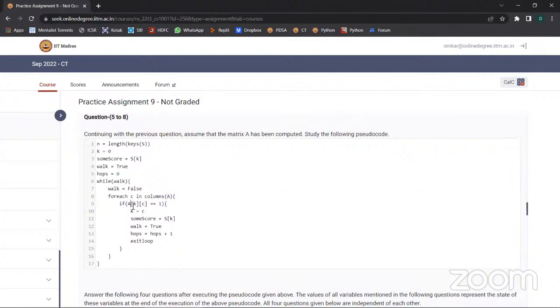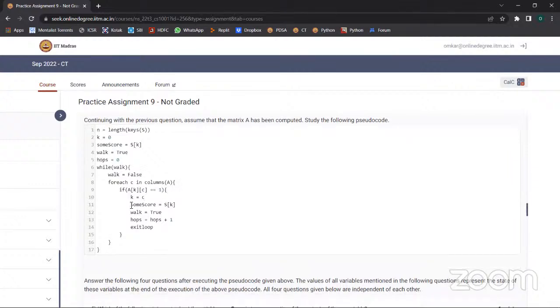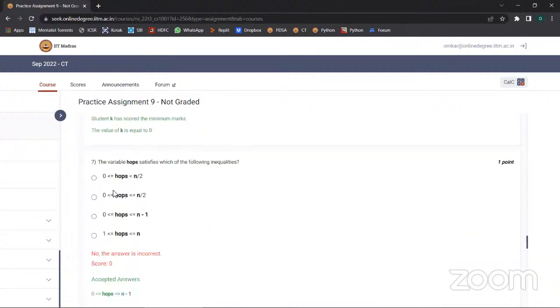Because if K is the lowest marks getter, then K C equal to 1 will never be true, because the row for that student K will have all zeros. K has not scored more than anybody else, so you cannot find any such C where the value is 1. Because of that, ultimately hops will remain as 0. Is this part clear, sir?